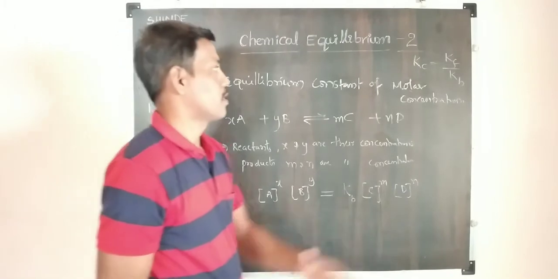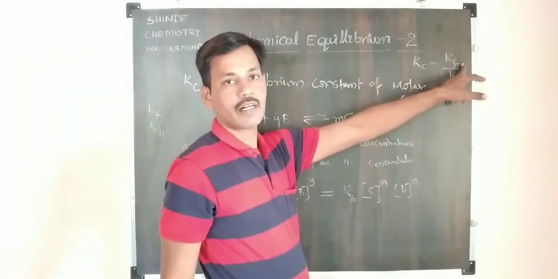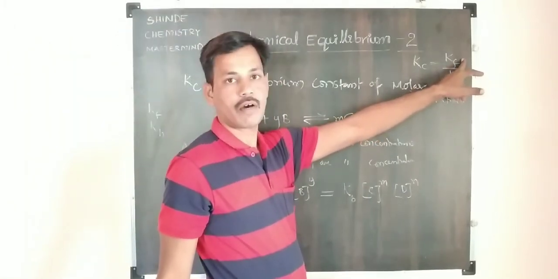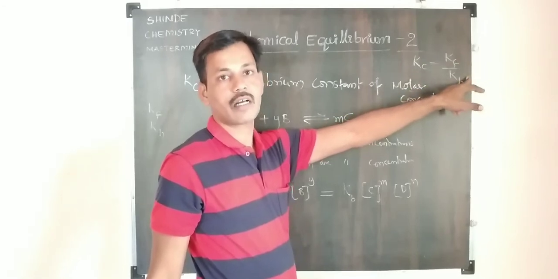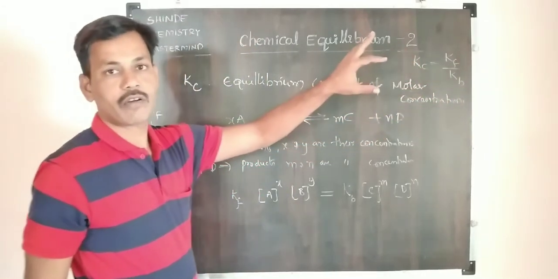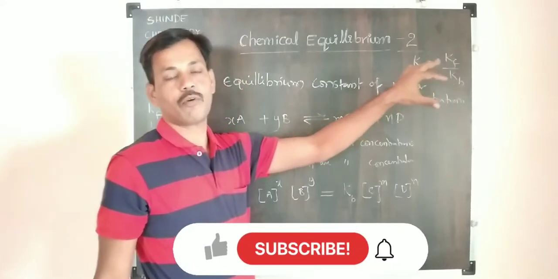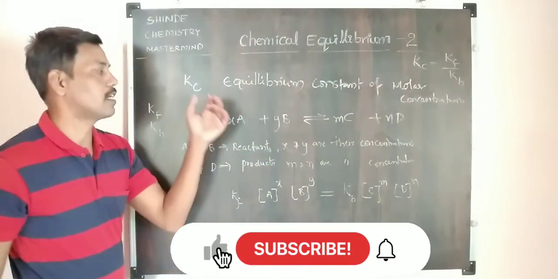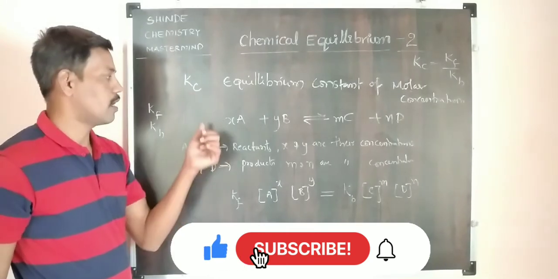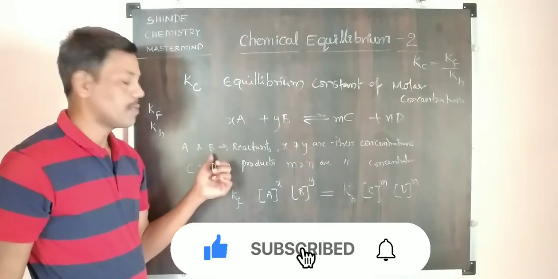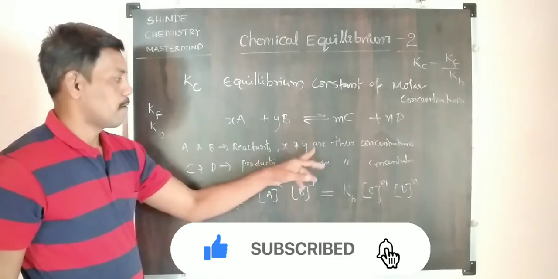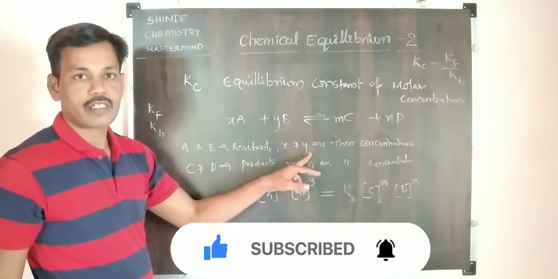So here the ratio of the rate constant of the forward reaction and the backward reaction is called the equilibrium constant of molar concentration. It is indicated as Kc. In this reaction, A and B are reactants and X and Y are their concentrations.